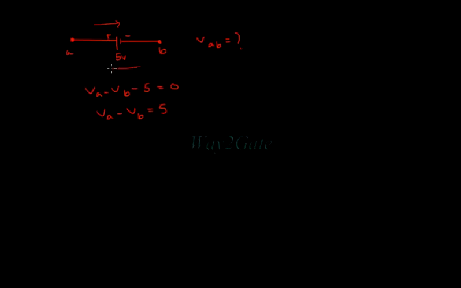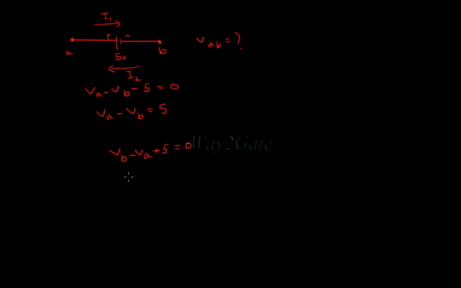If current I2 flows in the opposite direction, then VB minus VA plus 5, due to voltage rise, is equal to 0.